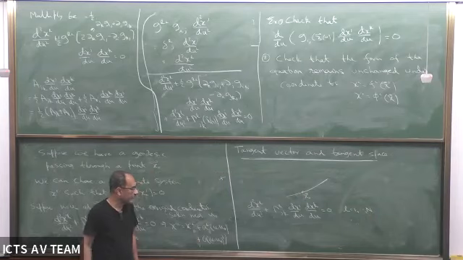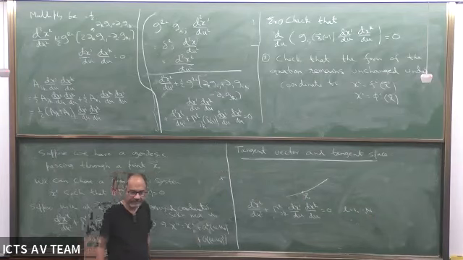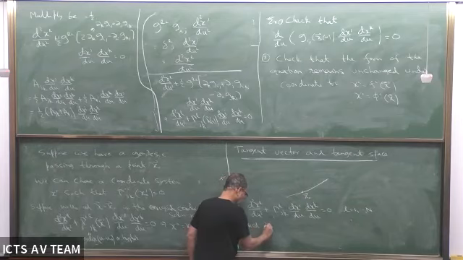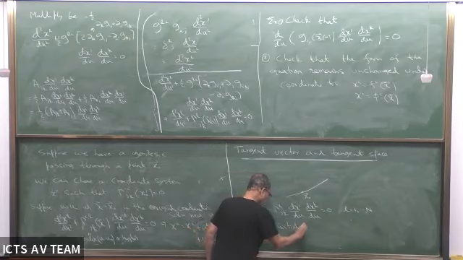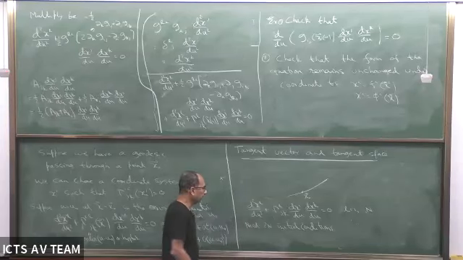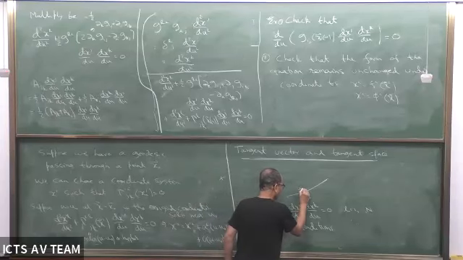How many initial conditions do we need to solve a second order differential equation of this kind? 2n initial conditions, right? Let's say u naught is the value of u at this point.